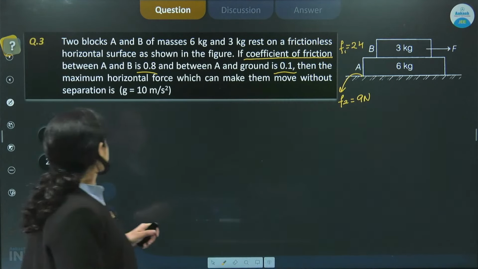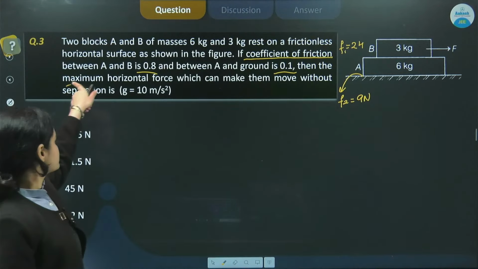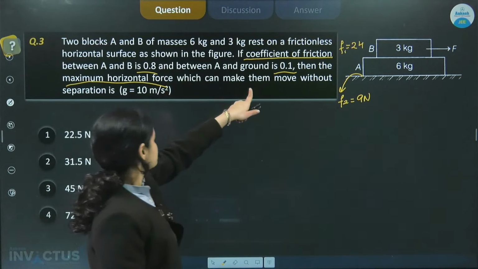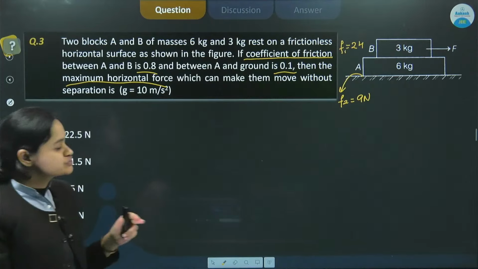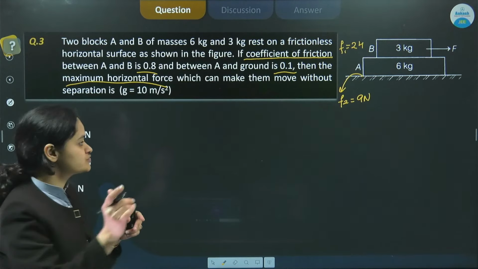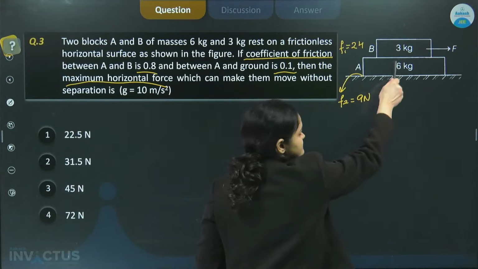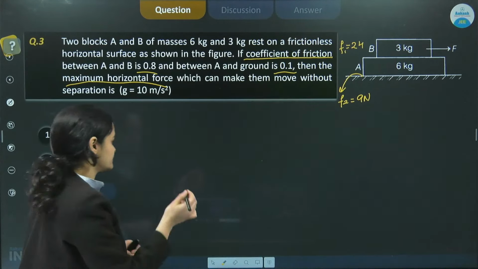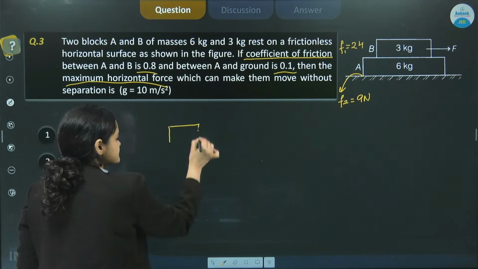Now we have to find out the maximum horizontal force so that they are not supposed to separate from each other. A and B are supposed to move together. For that, we can see the 6 kg is the deciding factor. Why is the 6 kg the deciding factor?